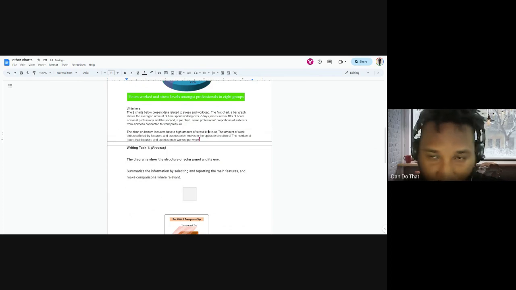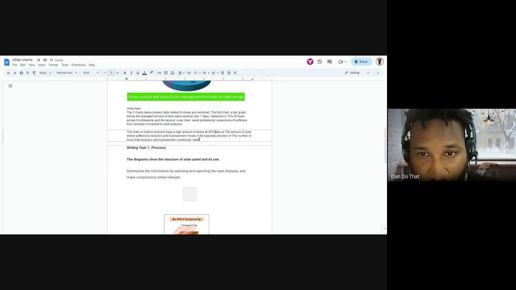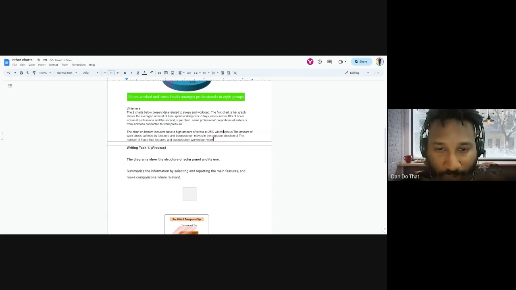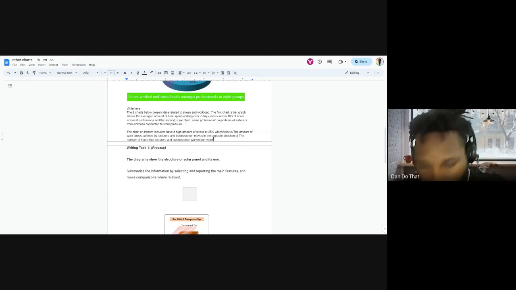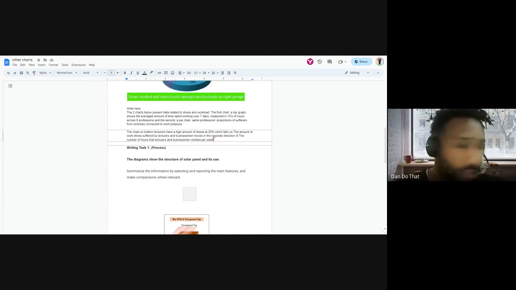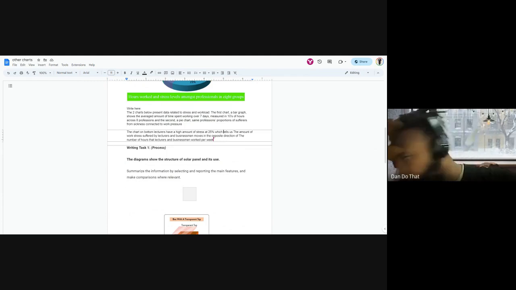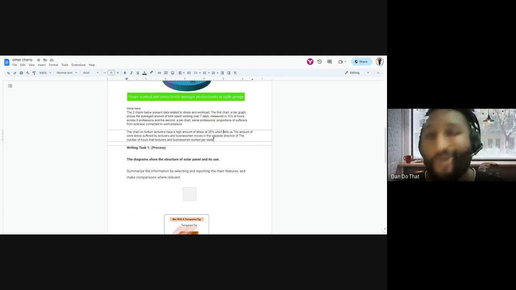That's it. 25, right, 25%, which falls. Use whatever words, it's a line. All you're doing is describing it. So it falls quickly, or falls steadily, or rapidly, or it shrinks, or it drops, or it plummets. You know all these words. Describe the line.